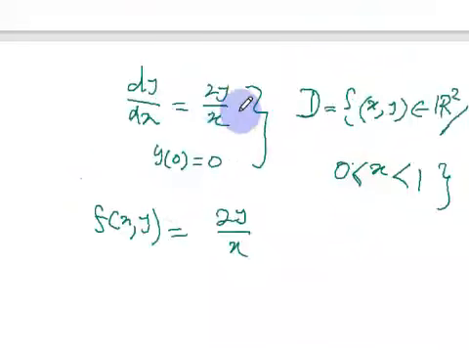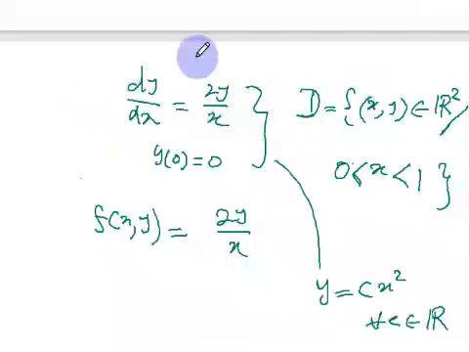If you find the solution of this, you can find the solution to this initial value system: y equals c times x squared. c can be any real number.